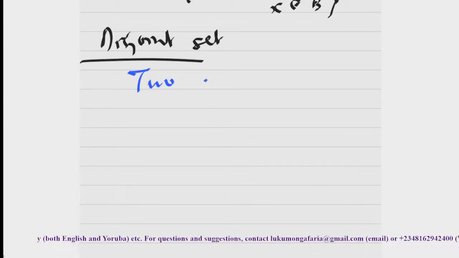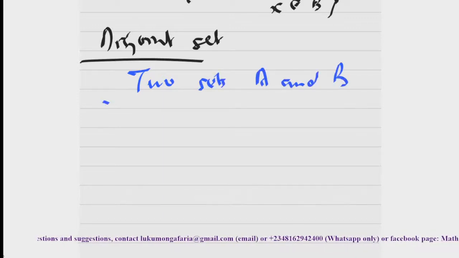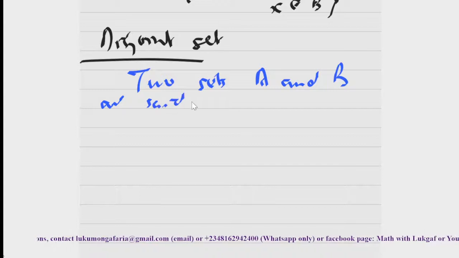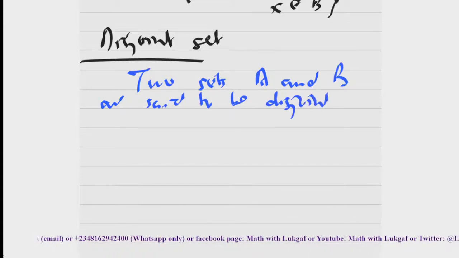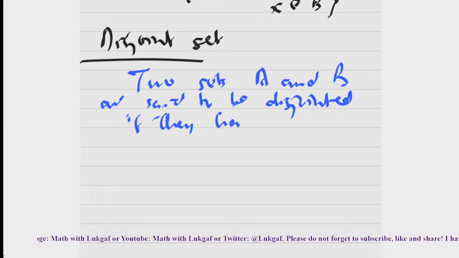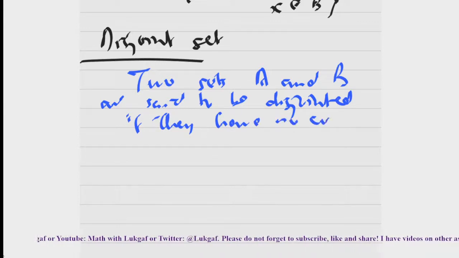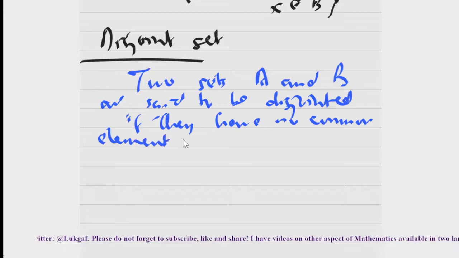You understand now? So two sets A and B are said to be disjoint if they have no common element. You understand that? If they have no common element.